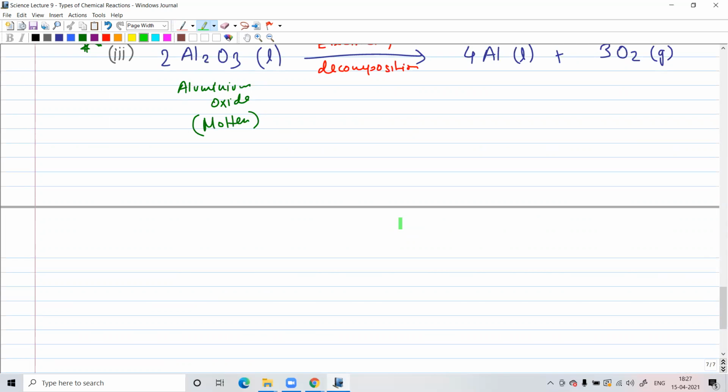So we have seen some examples of compounds with electricity. Now we'll take a couple of examples from photolytic, that is compounds with light.